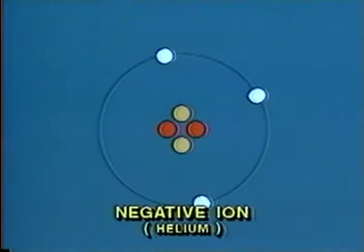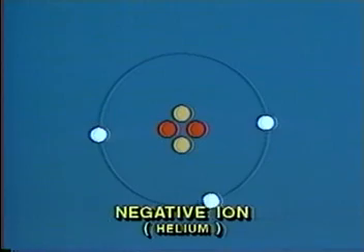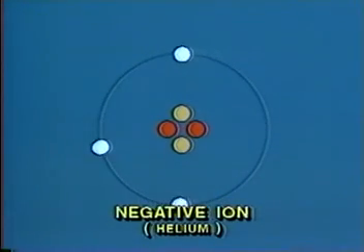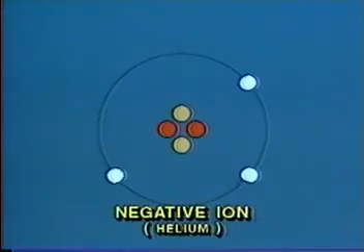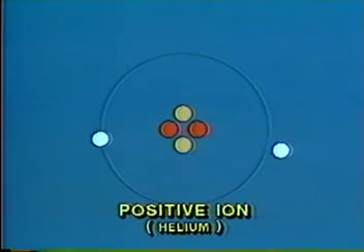Keep in mind that in reality, electrons move from atom to atom in an instant. This graphic simulation slows down the action so you can follow along. On the other hand, if a neutral atom loses an electron, it will have fewer electrons than protons.